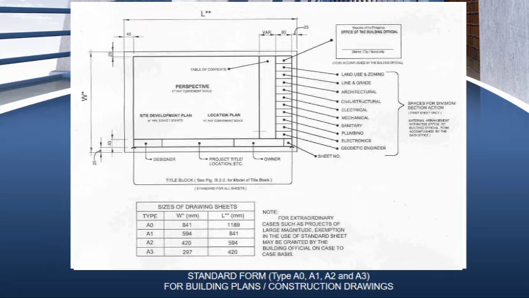The picture shows a standard form for types A0, A1, A2, and A3 for building plans or construction drawings. The example picture shows where different plans are located, such as perspective, site development plan, and location plan. It also has a table of contents, and there are spaces for division or section action.